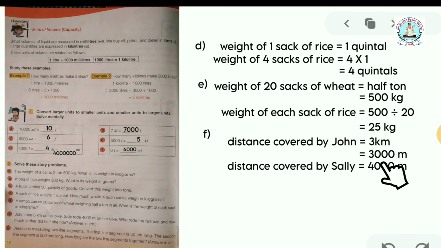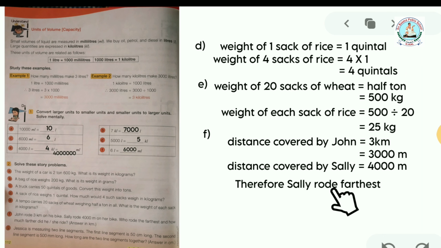We can clearly see that the distance covered by John, 3000 meter, is less than the distance covered by Sally, because Sally has covered 4000 meter. So we can write one more sentence, that is therefore Sally rode farthest, which means Sally covered more distance.